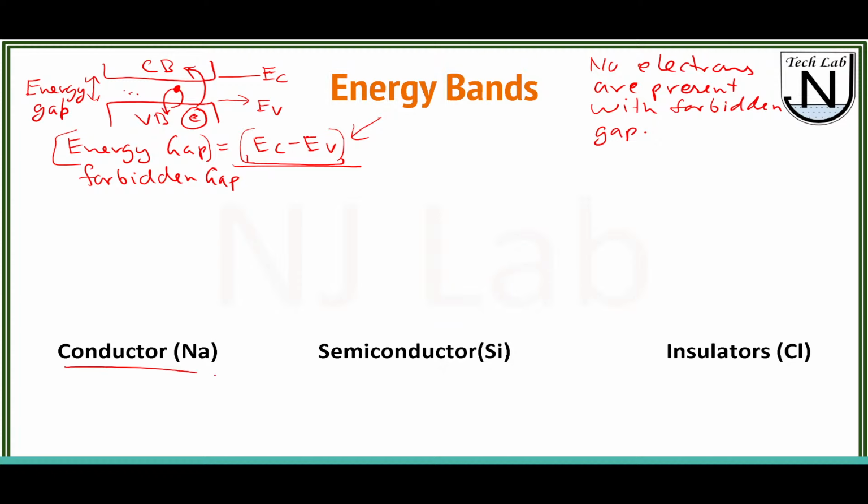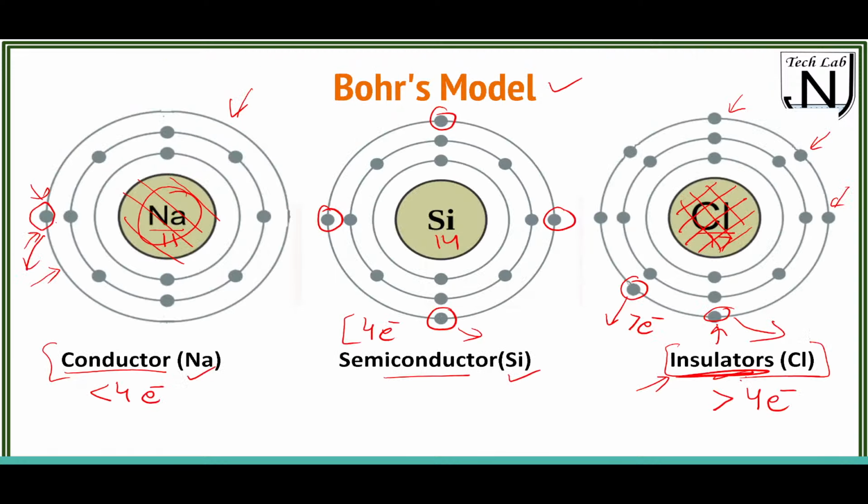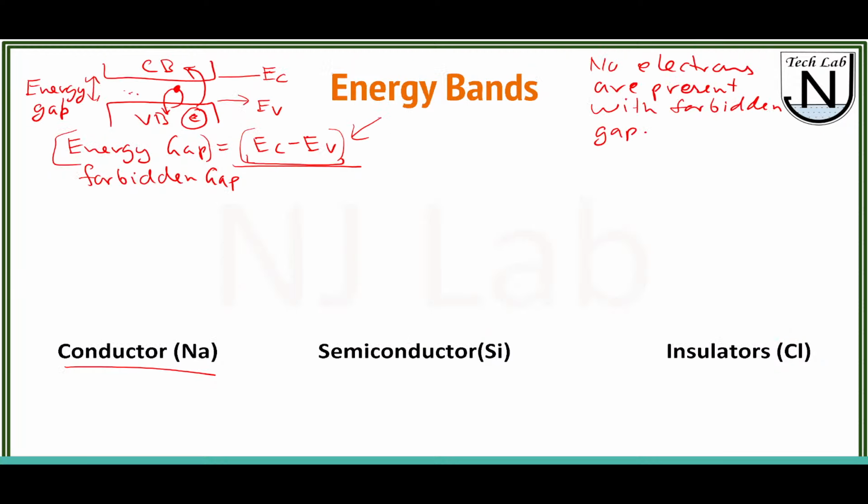Now if we talk about the conduction band and the valence band of the conductor, as we discussed in the previous one, the outer shell electrons are free, and free means they are free to move. Free to move means they can establish current. So the valence band and the conduction band of the conductor are overlapped in such a way that if there is any electron in the valence band, it is also present in the conduction band.